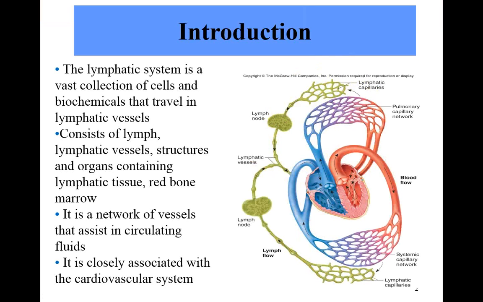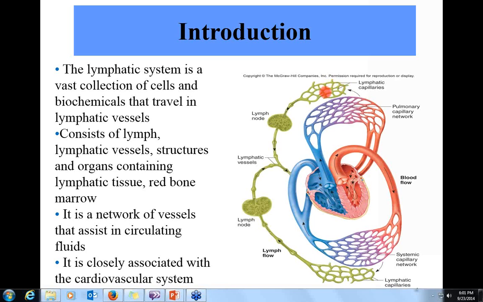What is the lymphatic system? Well, the lymphatic system, if we look at our diagram over here, to the spotlight, is in green. And it is closely associated with the cardiovascular system.